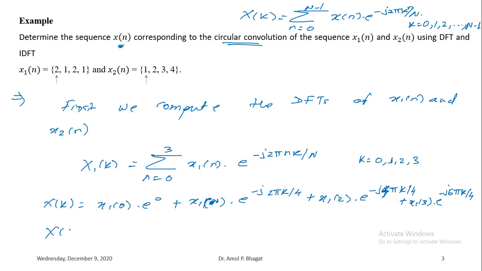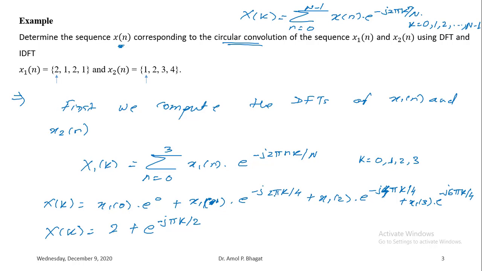So if I substitute the value of x1 of 0, x1 of 0 is 2, so it will be 2, right? Plus this x1 of 1, the value of x1 of 1 is 1, so I can write e to the power minus j pi k by 2, right?